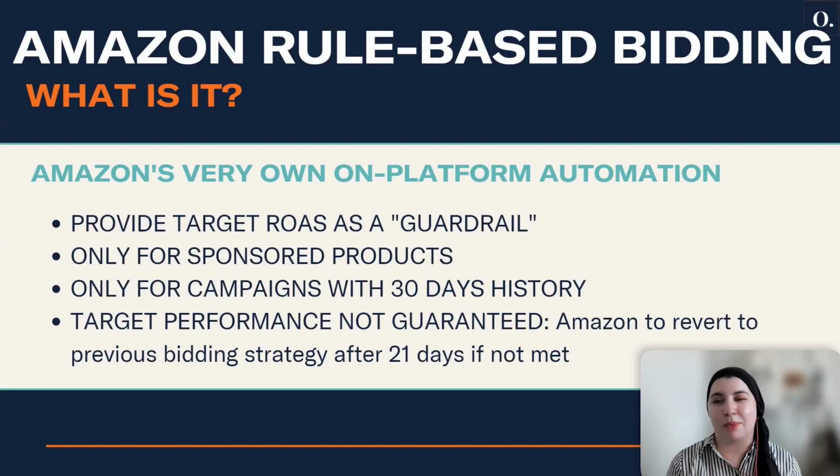But it's obviously not something that gives you the level of sophistication you might need when you're managing bigger brands and in terms of achieving particular strategies, but it's still a very good first attempt. At Olsam, we have trialed the rule-based bidding automation, and so far it has brought really good results, which is great to see.